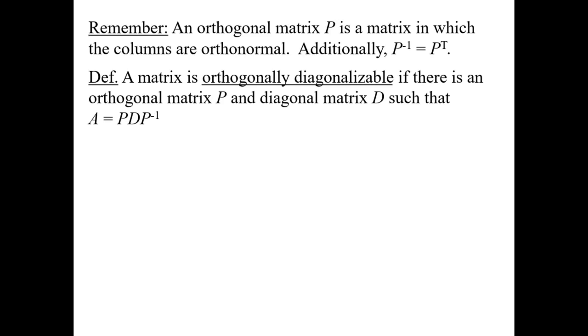Please notice that this is the same definition we had for a diagonalizable matrix, but now it's orthogonally diagonalizable because we've got more restrictions on this matrix P. P is not only made up of eigenvectors, it's made up of eigenvectors that are orthogonal to each other, and they are unit vectors, because this has to be an orthogonal matrix.